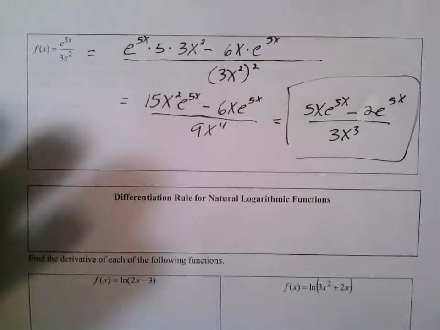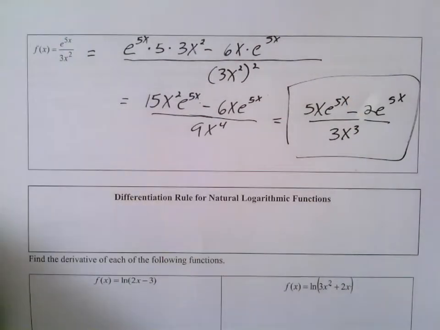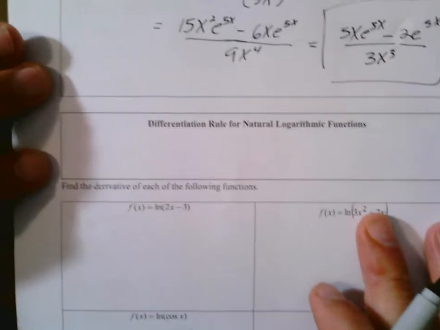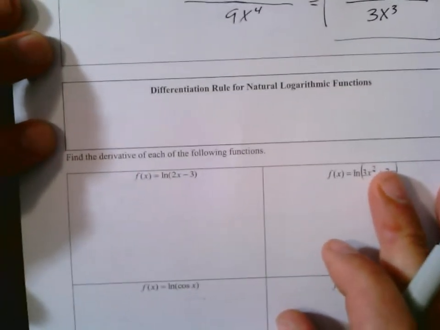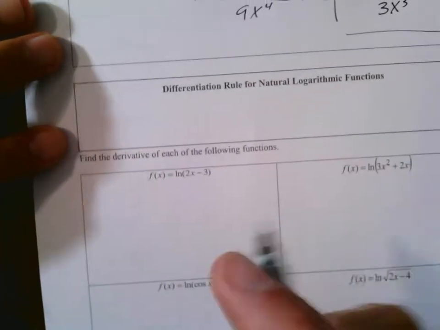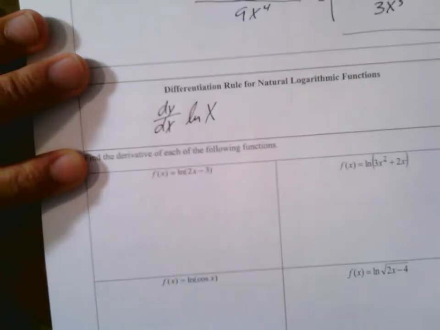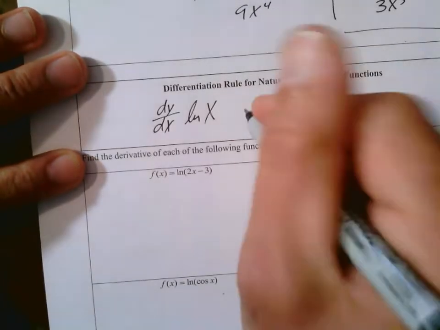Alright, so fairly straightforward. If you know all your rules, the e to the x shouldn't throw you off much. Almost just as easy is the derivative of the natural log function, ln of x.